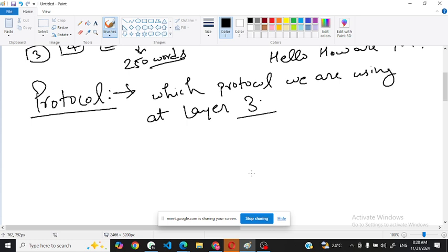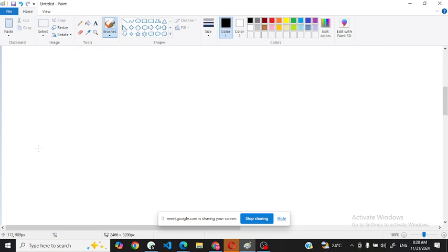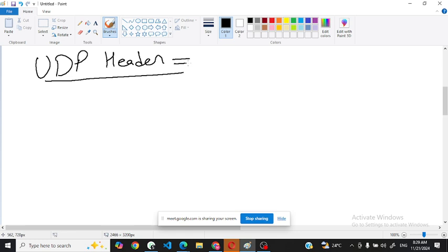Okay. So the next will be the UDP header. Anyone who knows anything? The UDP header is the most simple header. Why do we use UDP, Ravi Shankar?